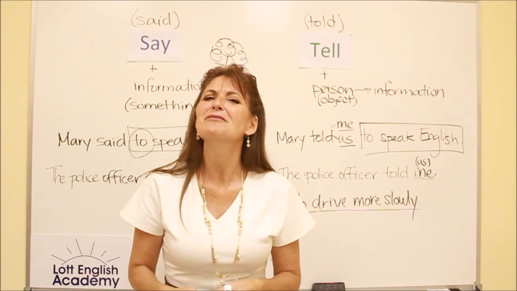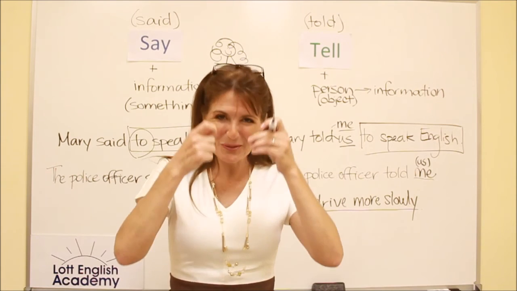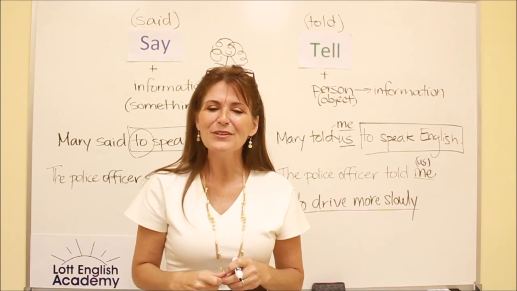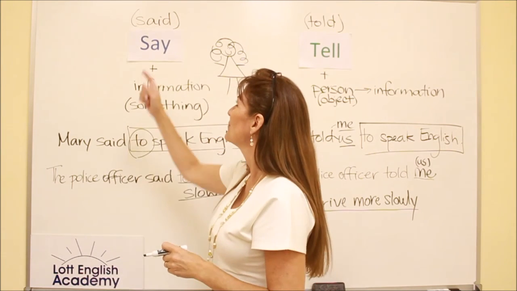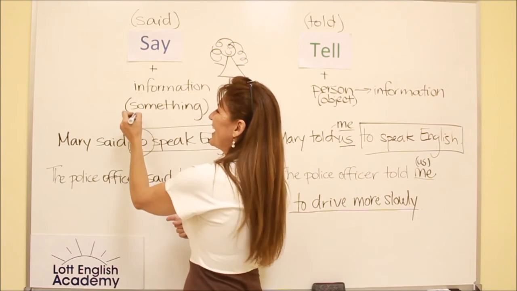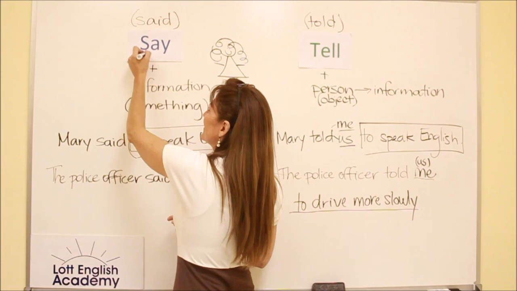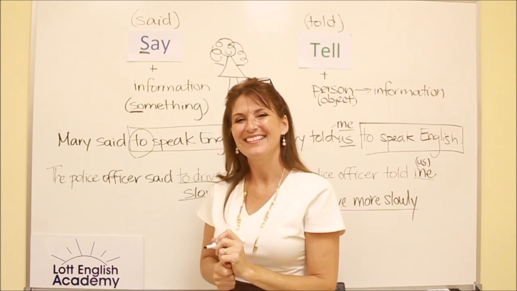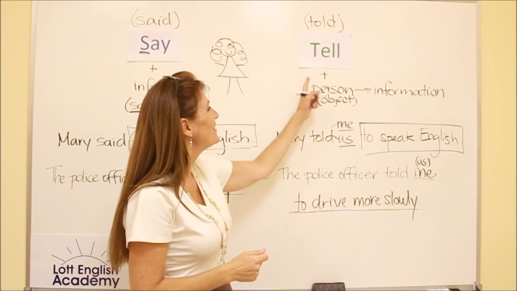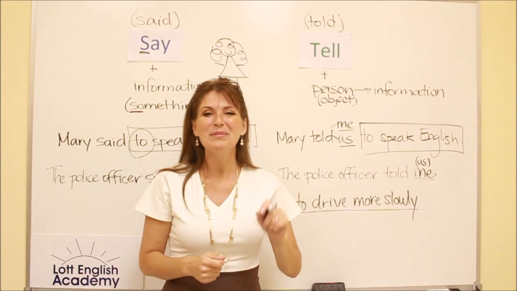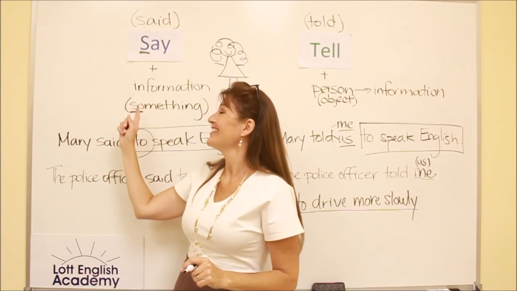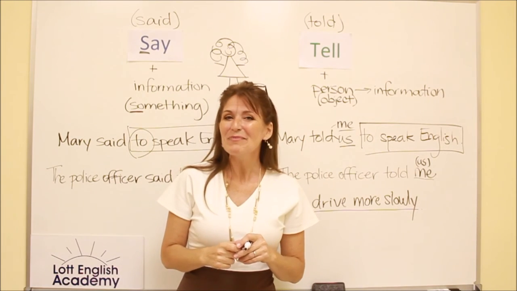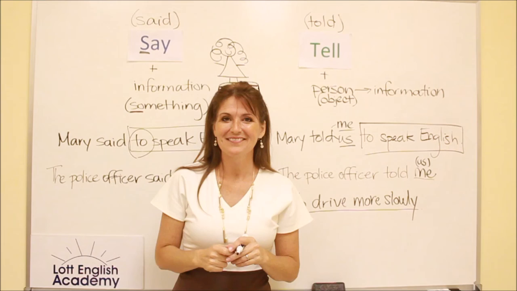But you're the driver, so the police officer told me to drive more slowly. The main difference here again is that we say something, S with S, say something. And we tell a person, TP. S with S, TP. Say something, tell a person.